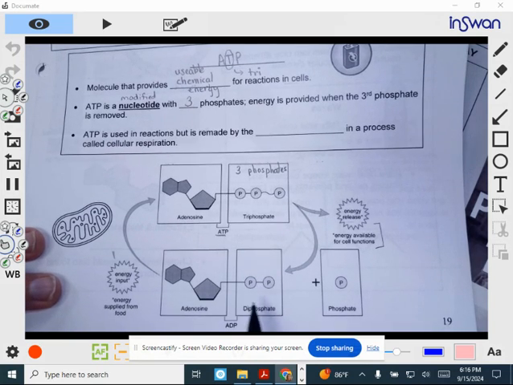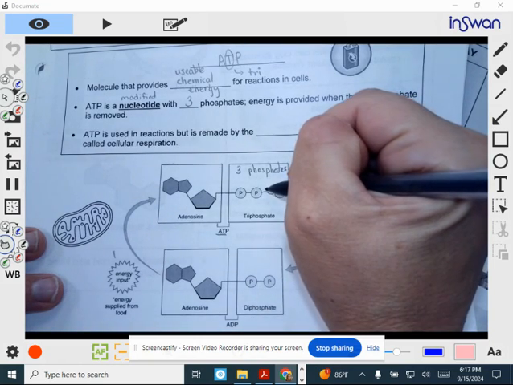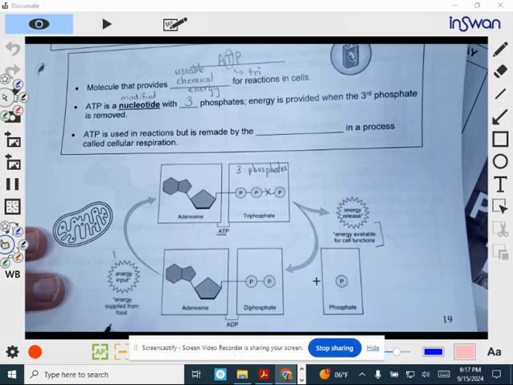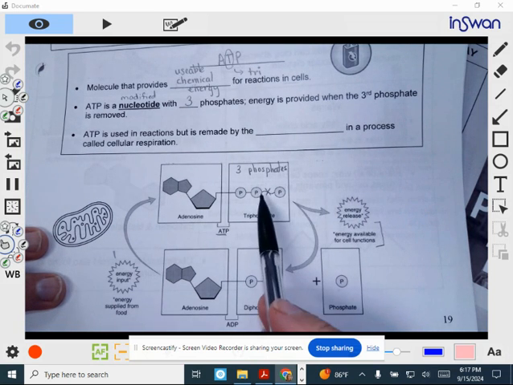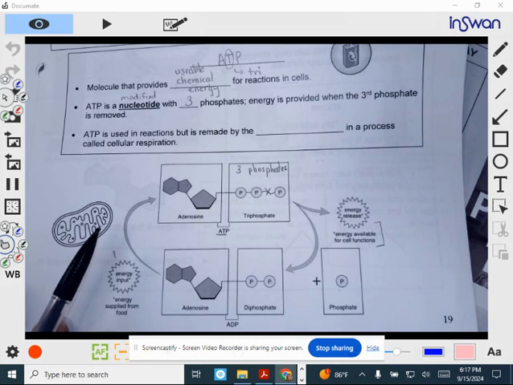So now we don't have 3 phosphates together because one got removed. Again, to use ATP, we break that bond, the phosphate comes off, and that energy that was stored in that bond gets released and can be used to provide energy for reactions.